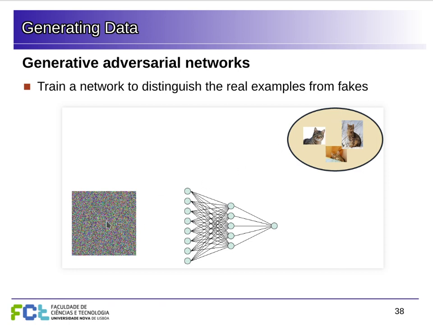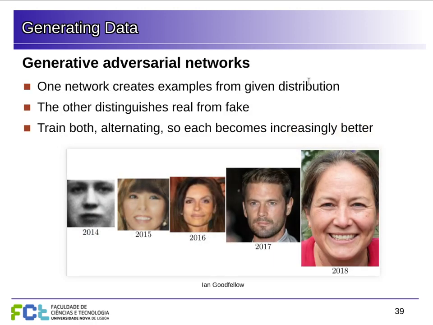So it learns to distinguish the fake ones from the real ones. But now we train the two networks iteratively. So we train one, then the other, and train one and the other. And the generator is trying to fool the critic, the discriminator, and the critic is trying to tell the real images from the fake images.